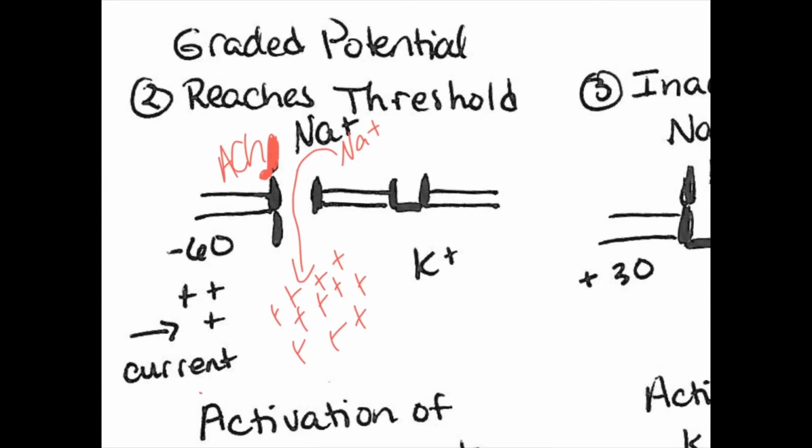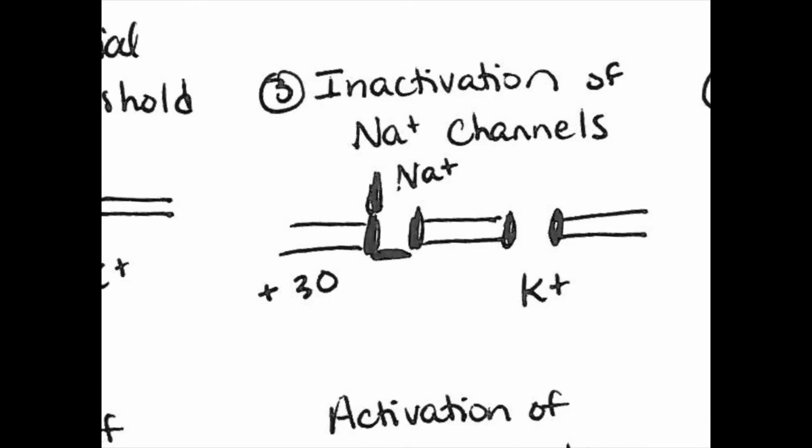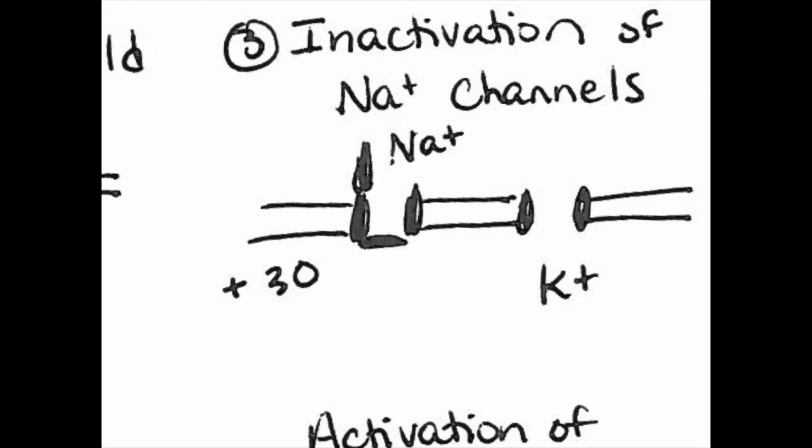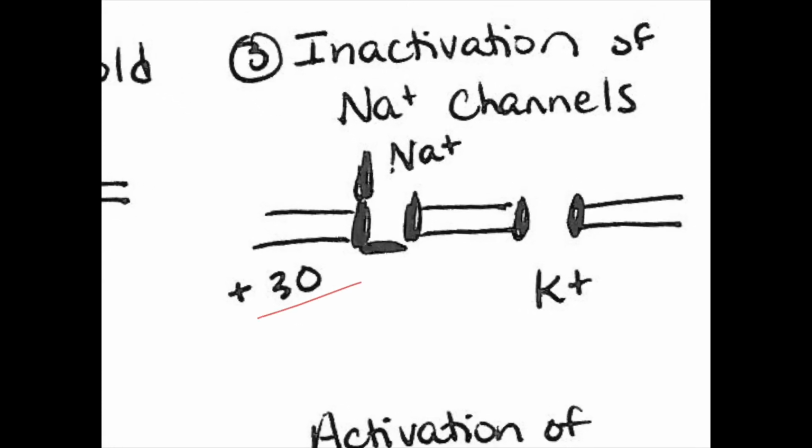But let's look at an action potential then, and see what happens here. In an action potential at positive 30, we said two things happen. We said the sodium channel closes and the potassium channel opens.